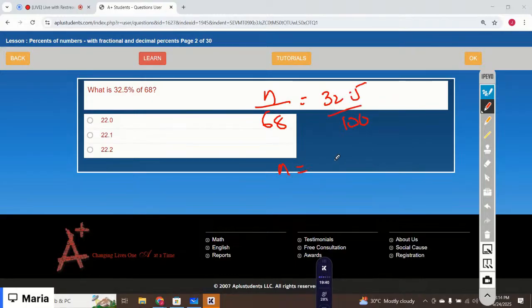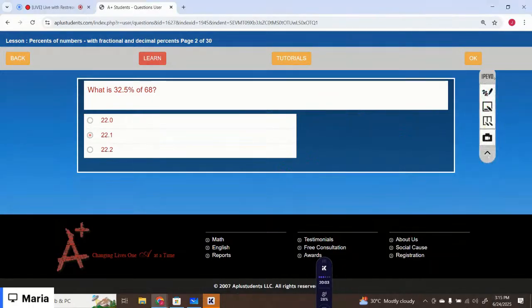That is n equals 32.5 times 68 over 100. Which is the correct option?